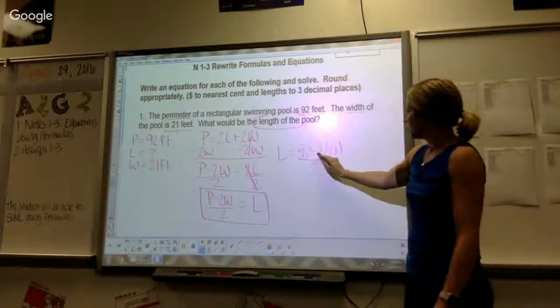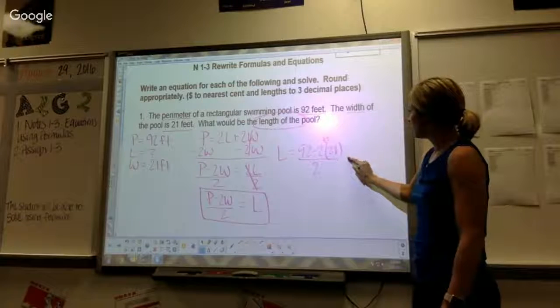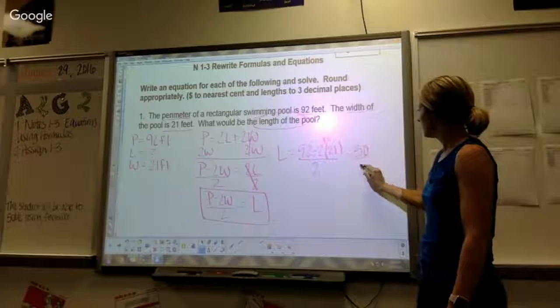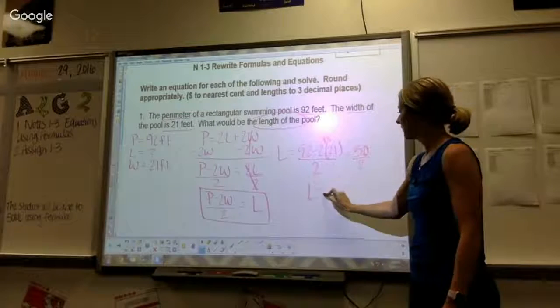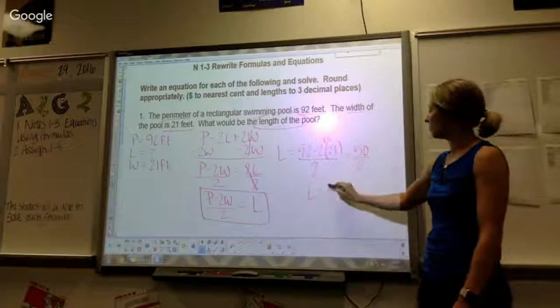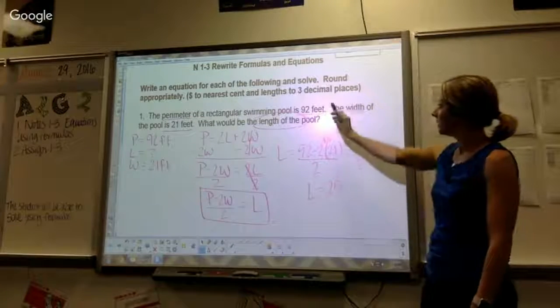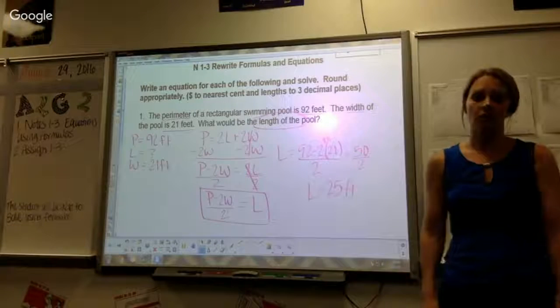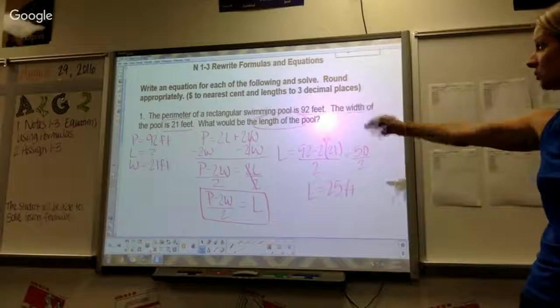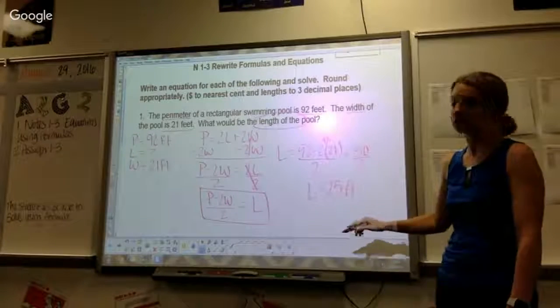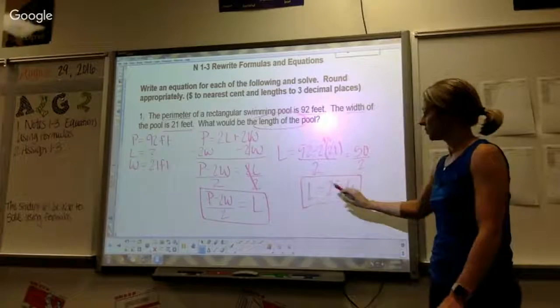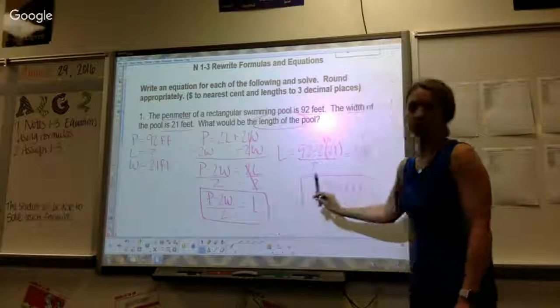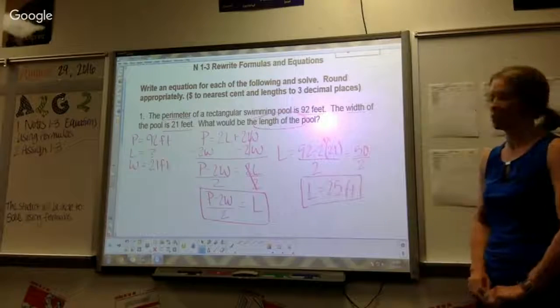So that would be 92 minus 42, which would equal 50, divided by 2. So your length would equal 25. Make sure to label, so 25 feet. To check your answer, you can plug that back into your formula and make sure that it's true. So 2 answers, your equation and then your actual answer.